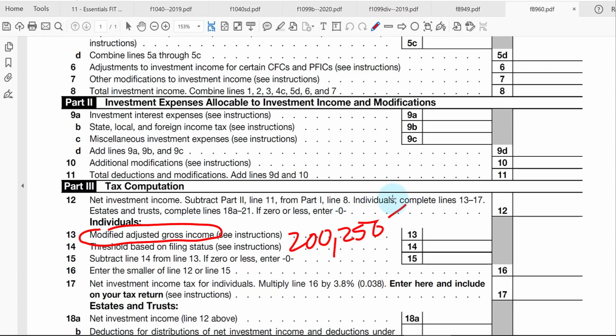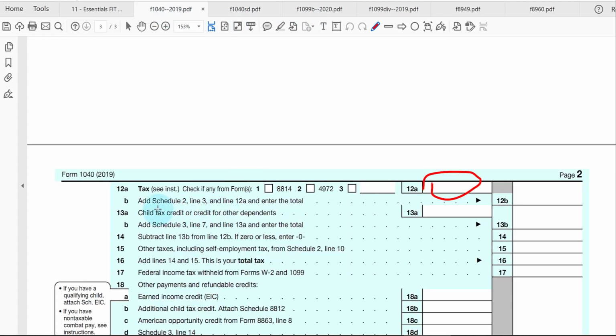And any excess of the net investment income we calculated at the top of this form is going to be taxed at a rate of 3.8%. So that tax will show up on a Schedule 2 and added to the income tax. So if you're paying that tax, that means you're probably wealthy, you have good investments, your income is high.